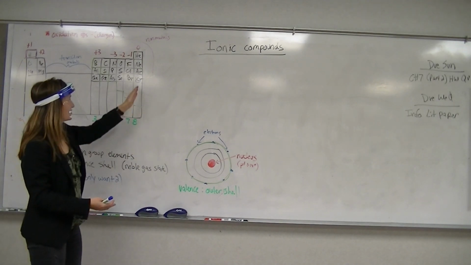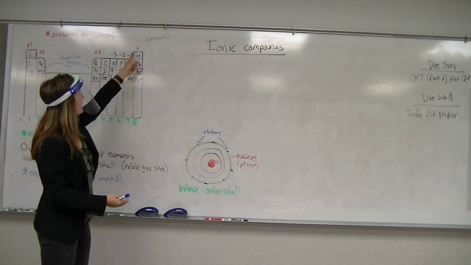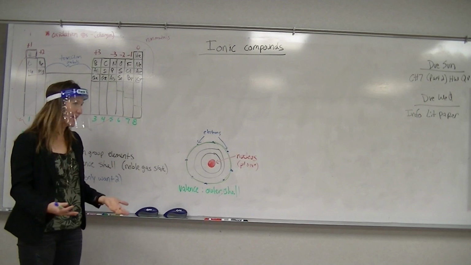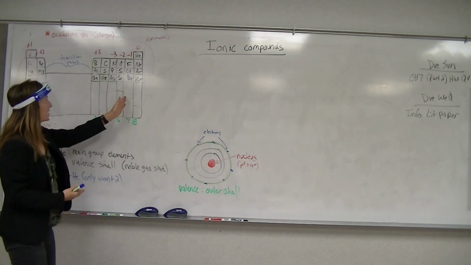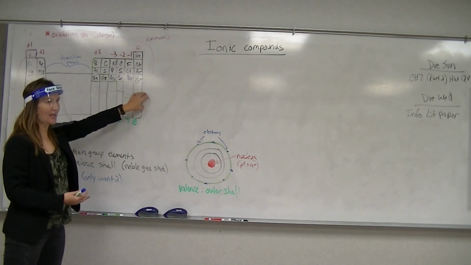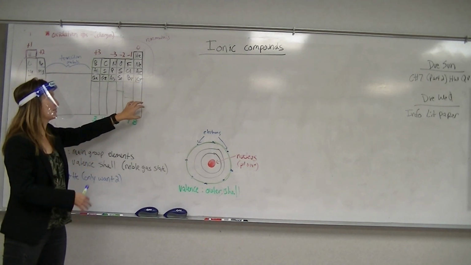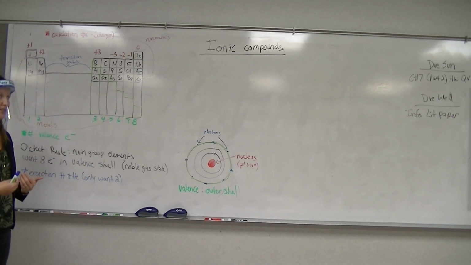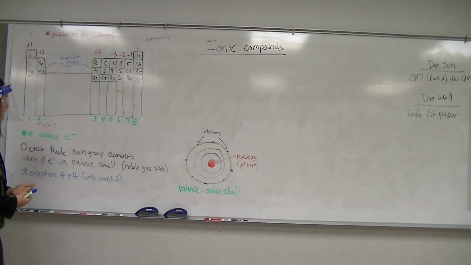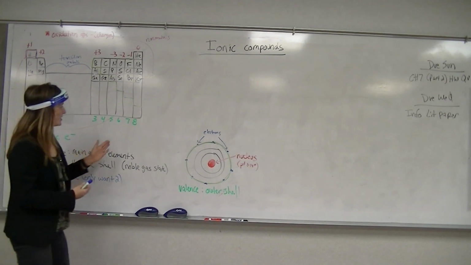So that's why this group, the noble gases, don't have a charge. Because they already have 8. They don't want to gain electrons. They don't want to lose electrons. They're happy. It's everybody else's goal to get 8, like the noble gases have, so that they can be happy too. And how they get 8 is by gaining or losing electrons. So, for instance, let's start with the halogens here.